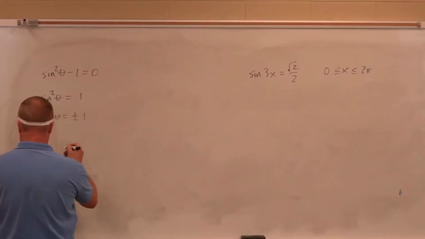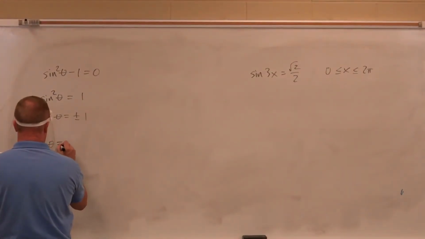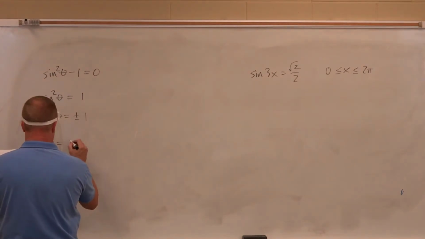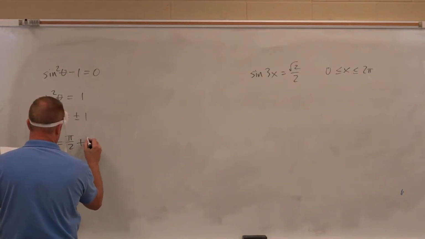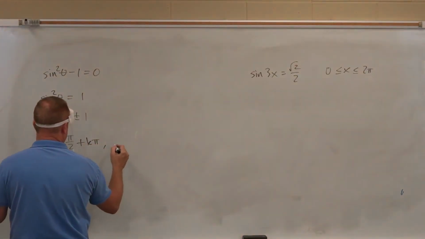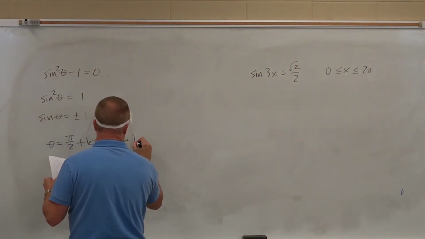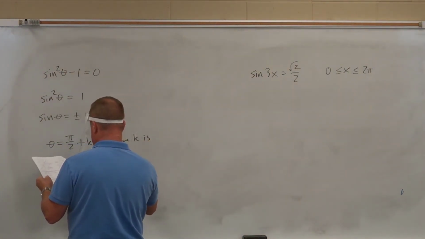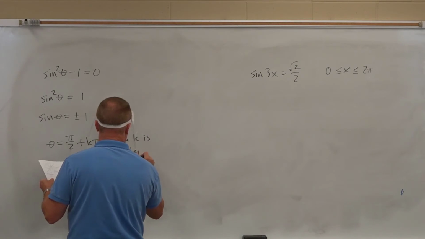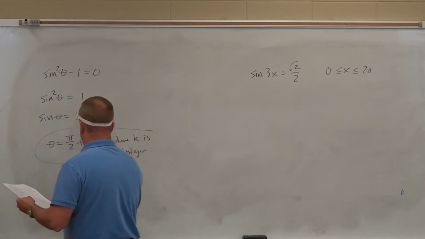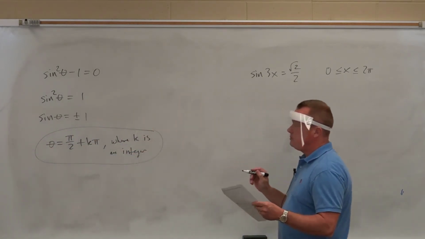So I would just write the answer on this one. Theta equals pi over 2 plus k pi, where k is an integer. Okay? All right, questions about that one?